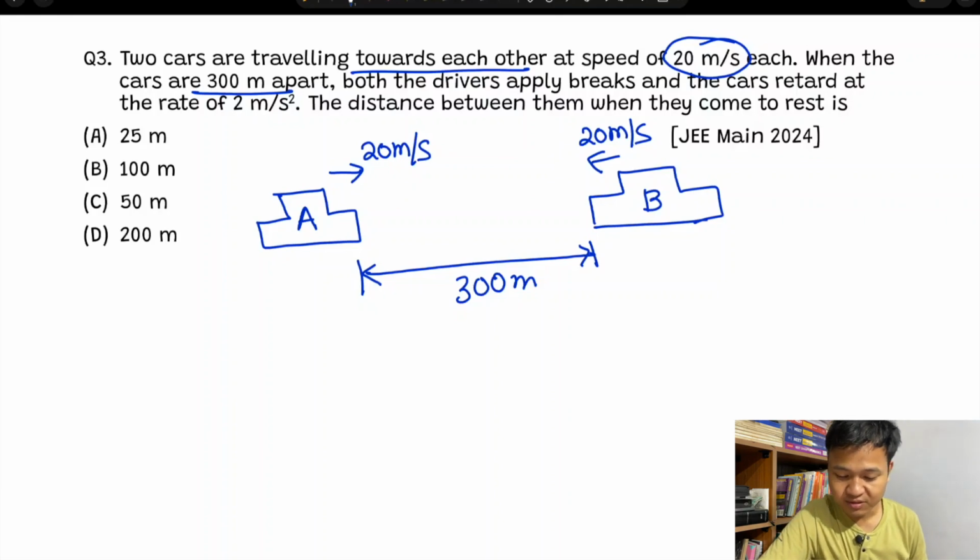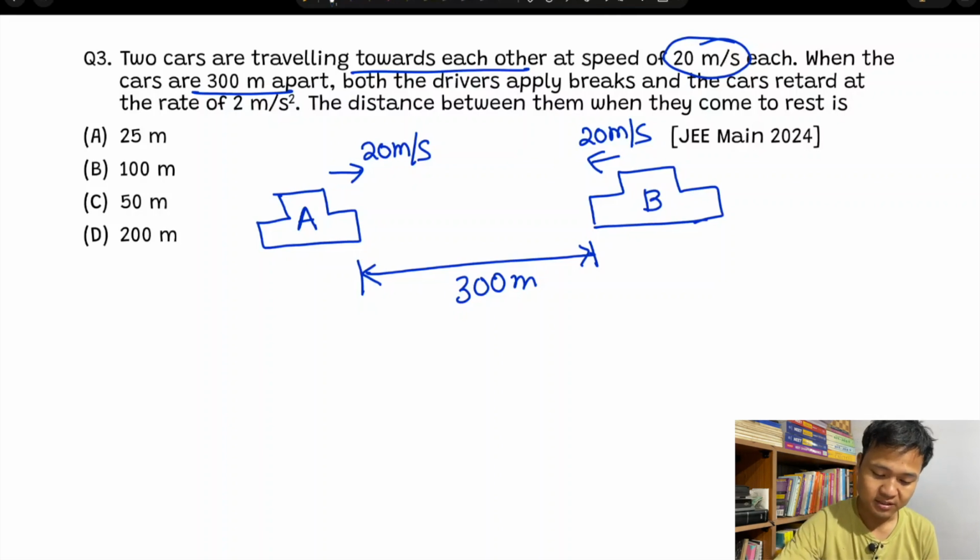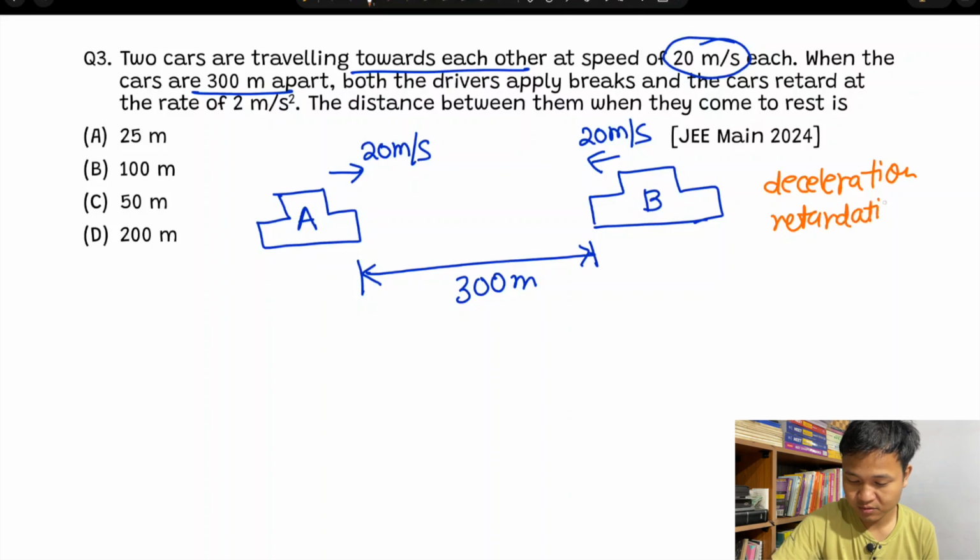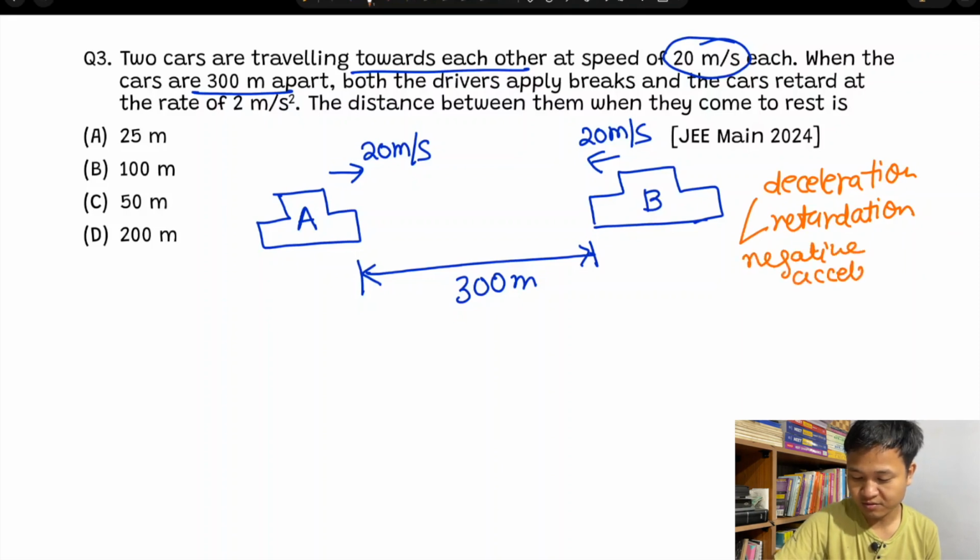Both of the drivers apply brakes and the cars decelerate with a retardation. Deceleration and retardation are the same, so both of these mean negative acceleration.